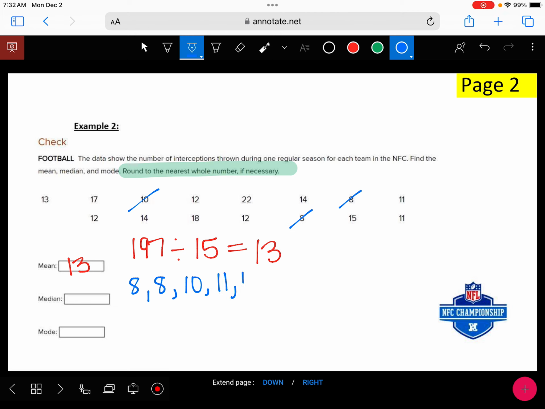11 pops up twice. 12. How many 12s do we see? 1, 2, 3. I see 3 12s. And then we have a 13. And then we have 2 14s.